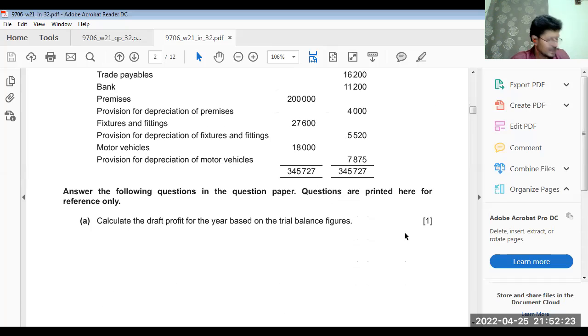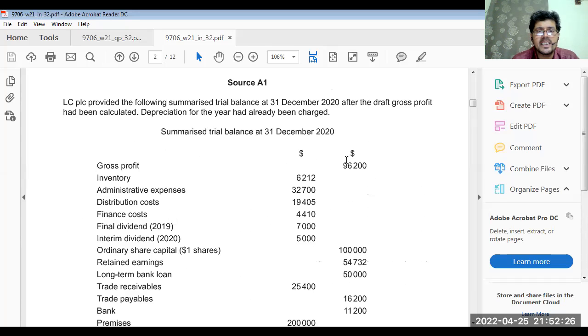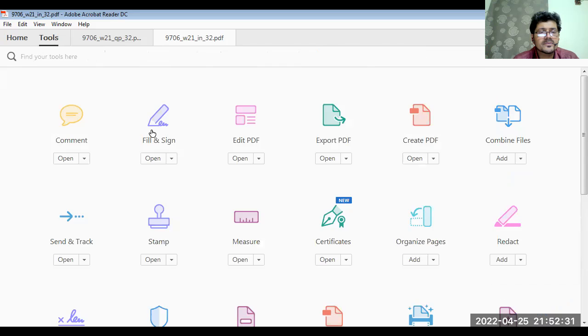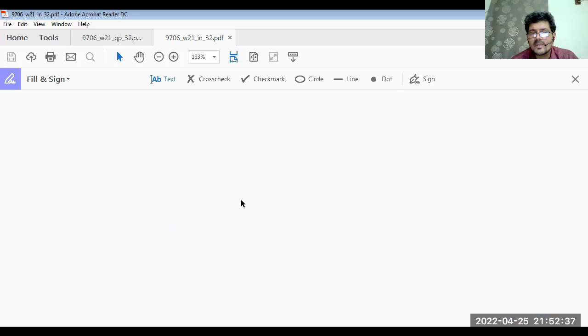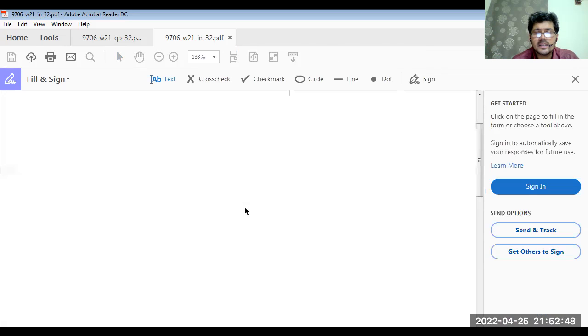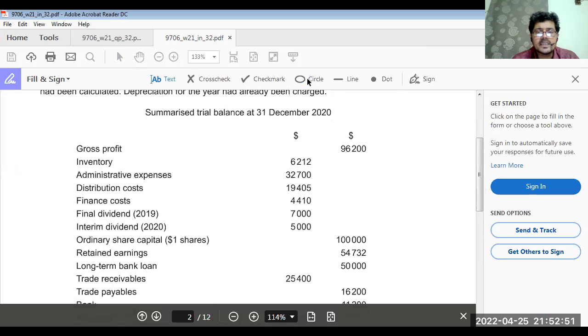So first we have to calculate the draft profit. The draft profit is going to be calculated by using these figures. See, this is gross profit, administrative expense, distribution cost, finance cost.